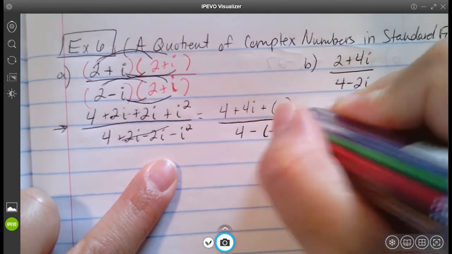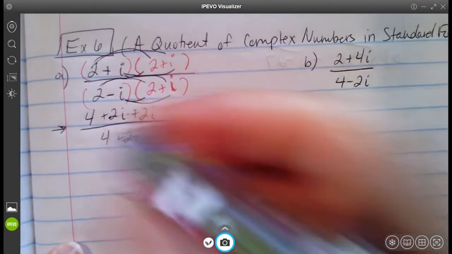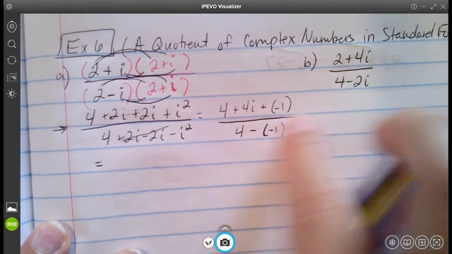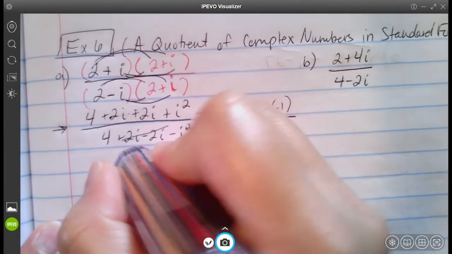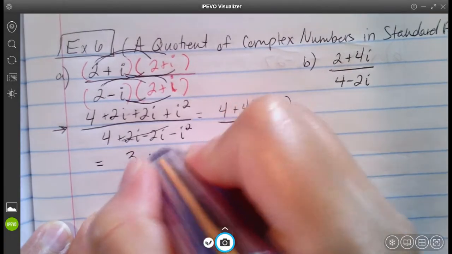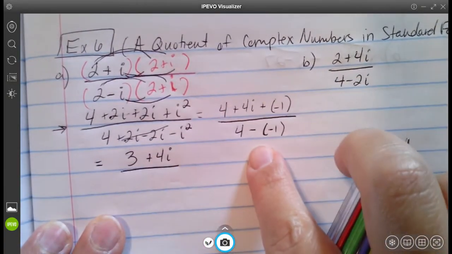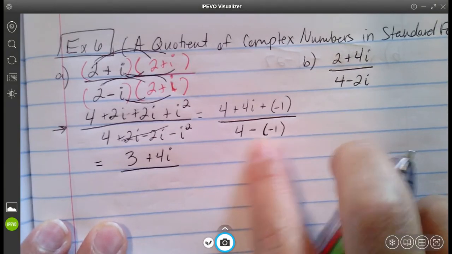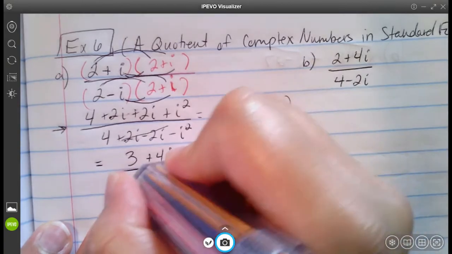So I'm going to change that to negative 1 as well, because remember, I squared is negative 1. And that's going to give us, combining the top, 4 and negative 1, which is 3 plus 4I all over, this becomes a positive, so 4 plus 1 is 5.